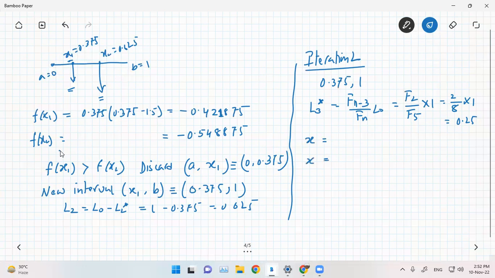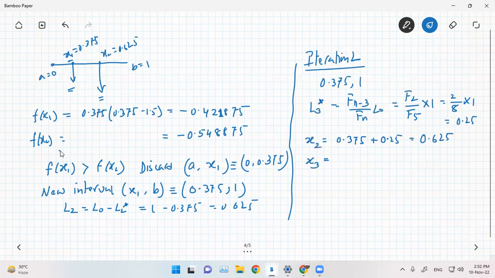Then we see that A here is 0.375 plus the L3, that is 0.25. So this will give us 0.625. The point is already available, so it is not a new number, rather it is just the x2.